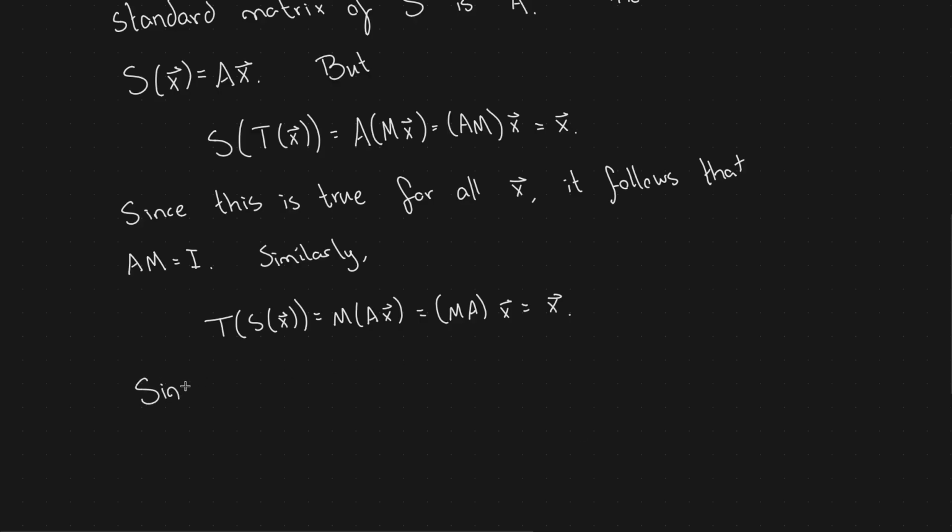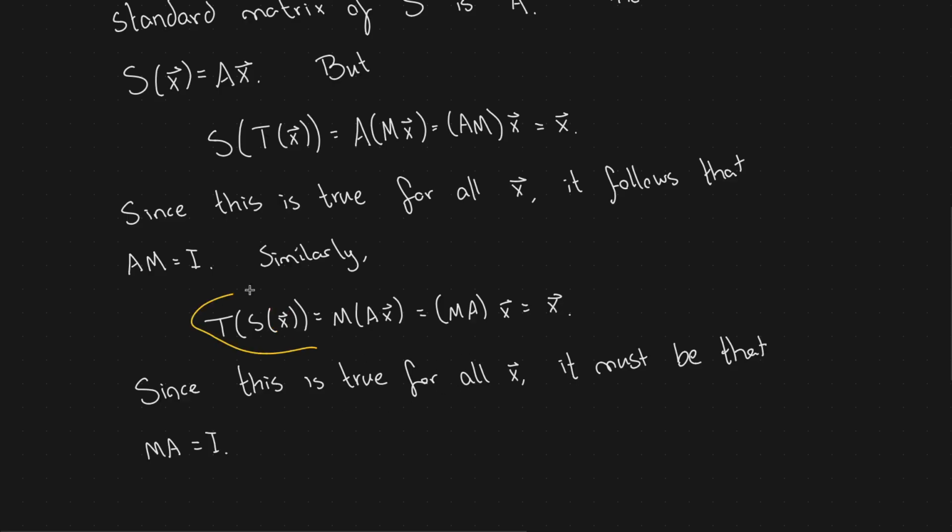Since this is true for all x, it must be that the product of M times A is, again, the identity matrix. So when I say it's true for all x, I didn't pick a specific x, right? This statement works for all x.